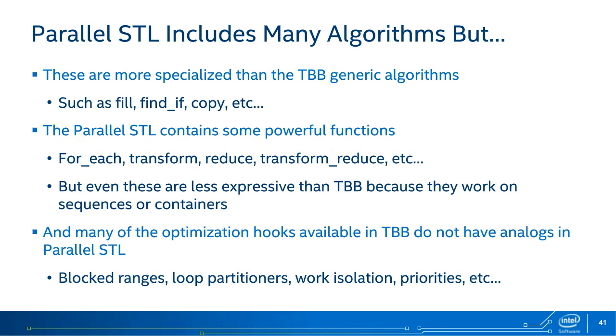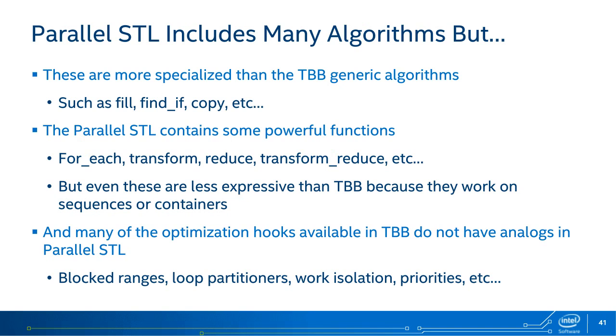There are some more powerful functions like for_each, transform, and transform_reduce, but even these are less expressive than the generic TBB parallel algorithms because they work on sequences or containers, and often there's a limited number of sequences or containers, like for example, transform to a single output sequence. So if you want to write a general loop where you are iterating over some range and writing to multiple arrays or containers, it's just awkward to express that with Parallel STL.